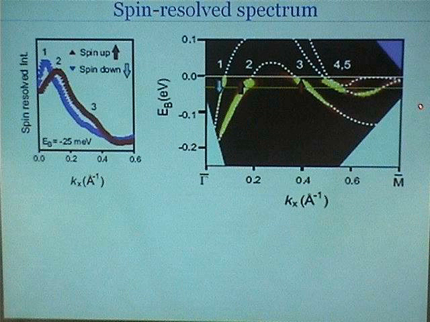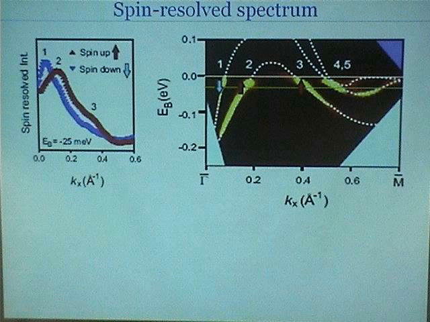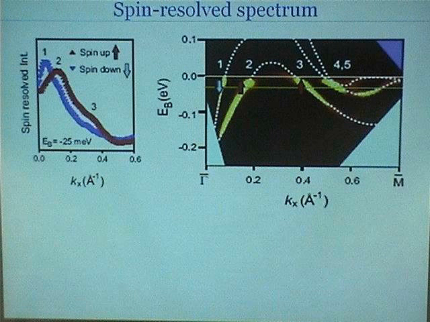So now I can start assigning that 1 is down, 2 is up, and 3 is up, and there are other states, right? One might guess that since 2 and 3 are up, they should connect above the Fermi level. In other words, right away I know that 2 and 3 are trivial states.